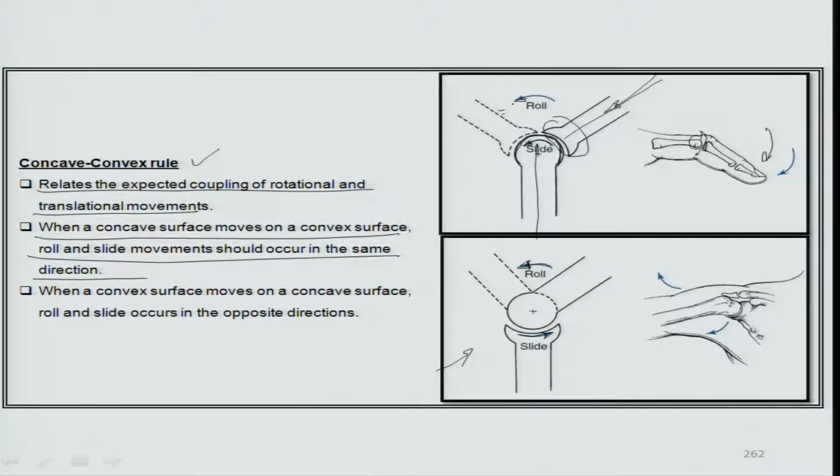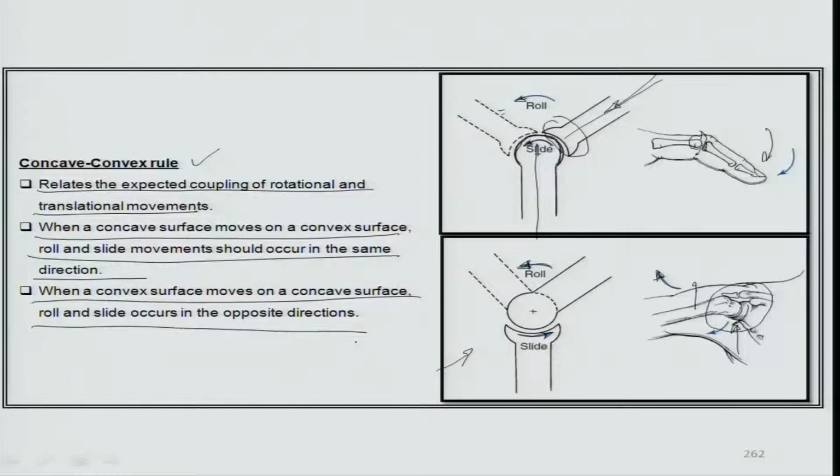Whereas, if we talk about a shoulder joint, for example, when the arm is moving upwards, the sliding motion can be in the upward direction, while the rolling is actually in the reverse direction. So, when a convex surface moves on a concave surface, the roll and slide would occur in opposite directions. Such rules are followed when one concavity moves over a convexity or vice versa, and this rule is obeyed more or less in all the joints of the human system.